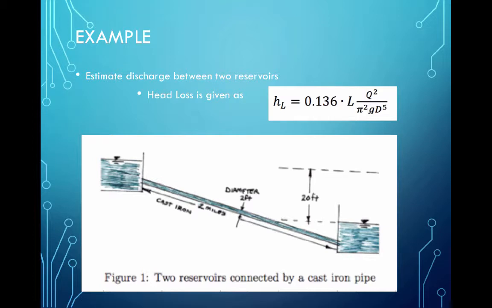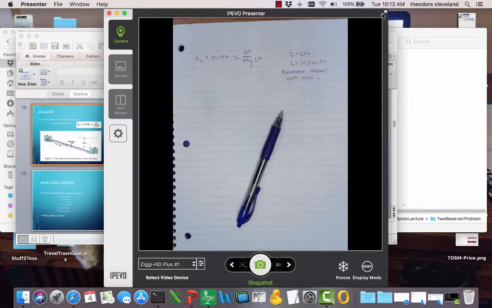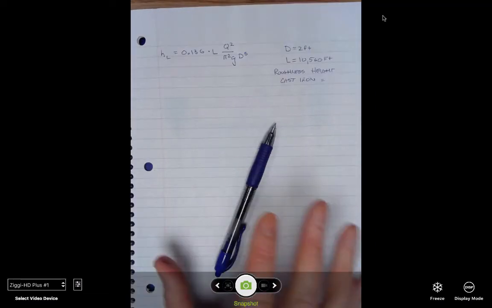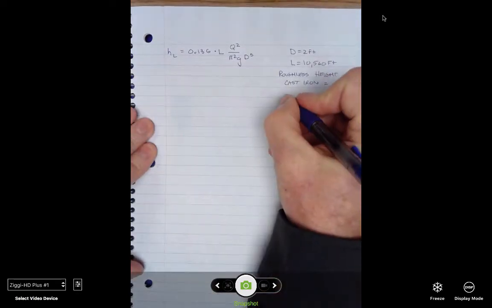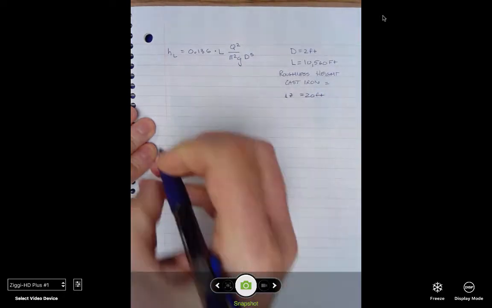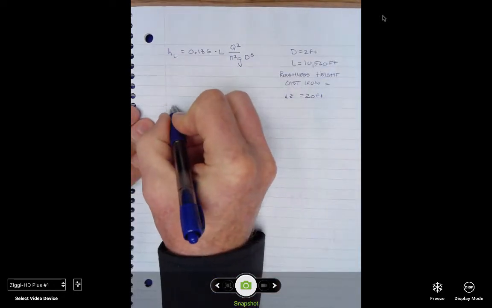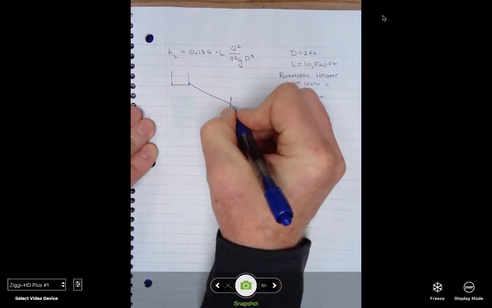And once we knew that, we could determine the discharge. So here's what we have, and we knew that the delta Z was 20 feet. And so now we want to write the picture we have is this.